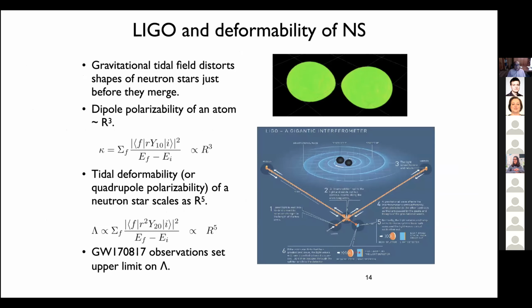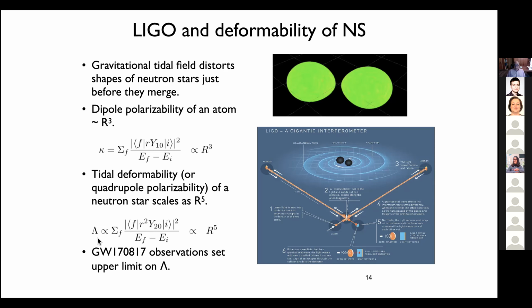So together, this combination goes like the radius to the fifth power. So the quadrupole polarizability scales with the radius of a neutron star to the fifth power. And then LIGO, during the merger GW170817 of two neutron stars, has set an upper limit on this deformability.